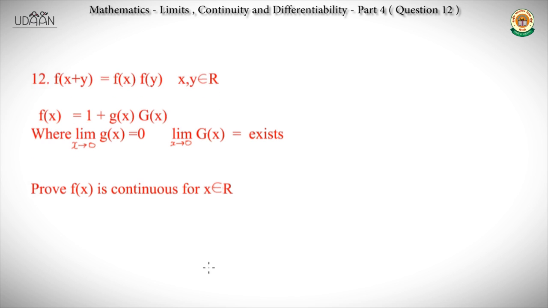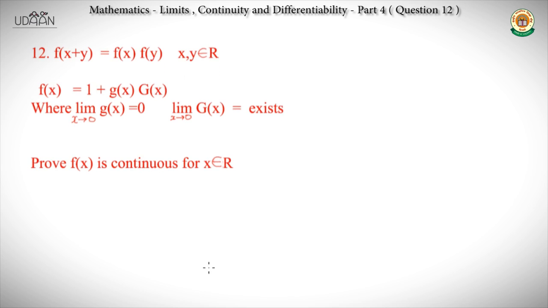So what condition do we need to prove that f of x is continuous for x? First we will go through what we have been given. Since the limit x tends to 0 of g of x is 0, it means that the limit h tends to 0 of g of 0 plus h equals the limit h tends to 0 of g of 0 minus h equals 0.